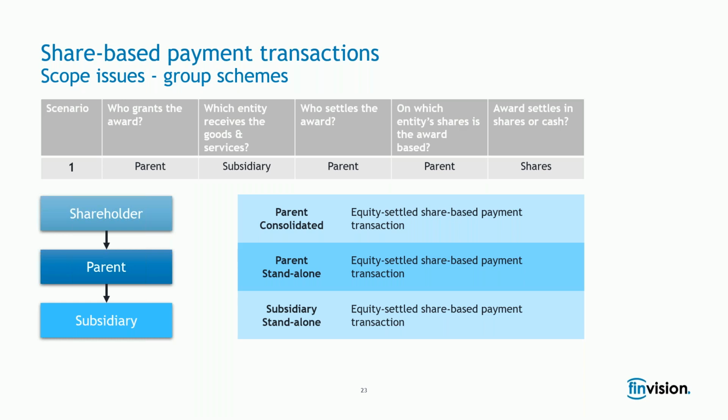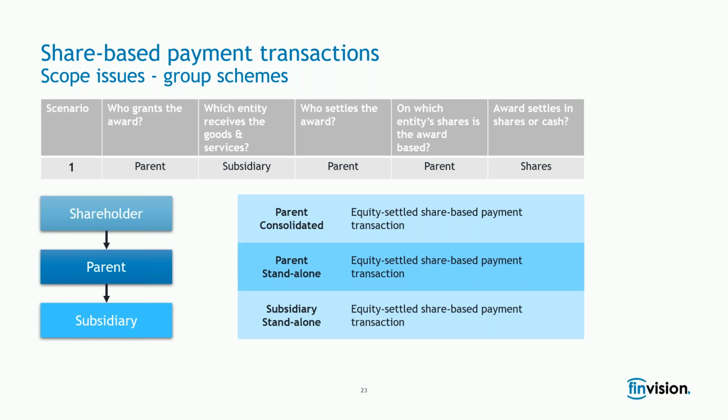In this case, it will be settled in shares, so it's an equity settled share-based payment plan. Based on our simple examples, the only difference with what you would expect is the fact that the parent who is issuing our instruments is not the one who receives the instruments. But if you're in a group, that actually does not matter.